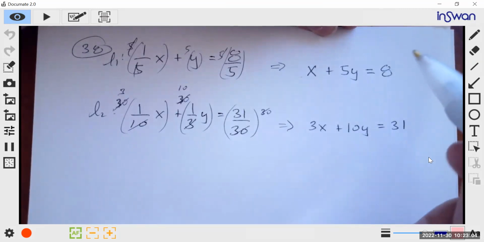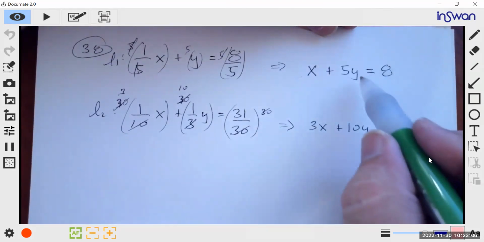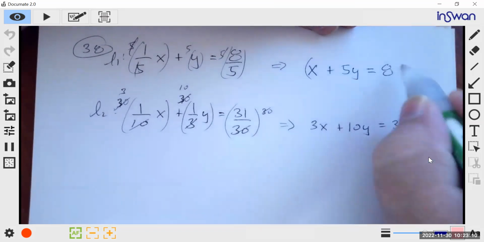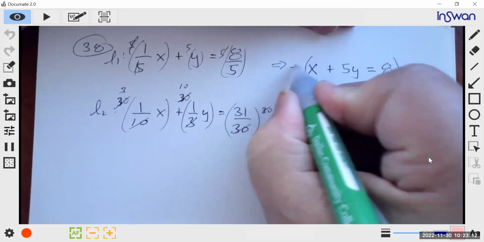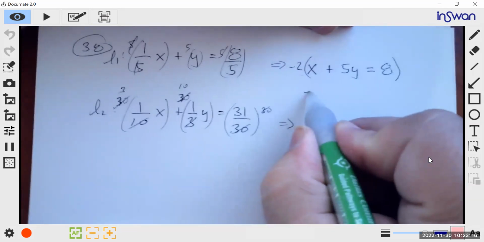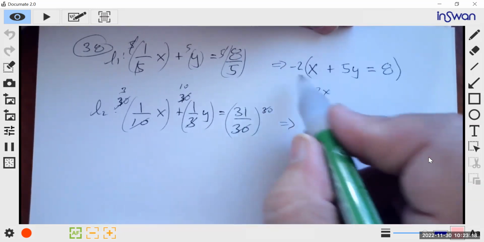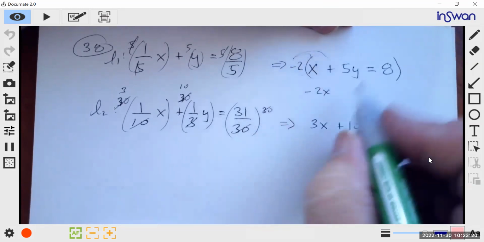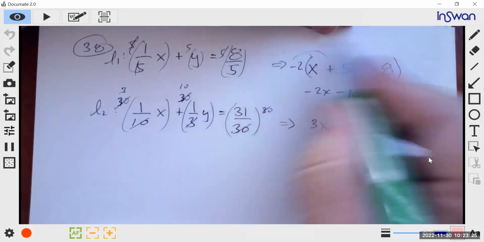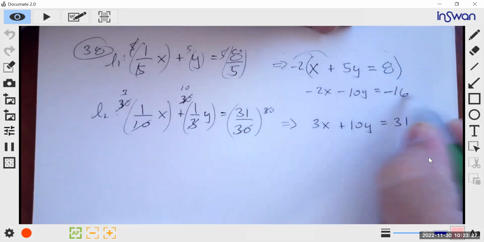So let's get rid of the y's first. So I multiply this whole first equation by -2. So -2x, -2 times 5 is -10y, and -16.